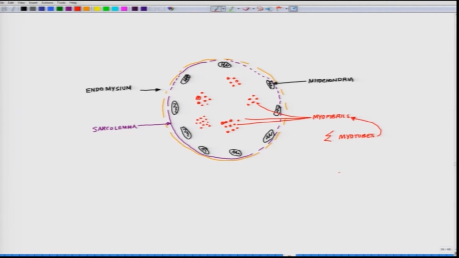And then you see this zone, this is called the sarcoplasm. And on the side you see something very interesting out here, a very special kind of big cells. They may be present in varied numbers. These are called the satellite cells.